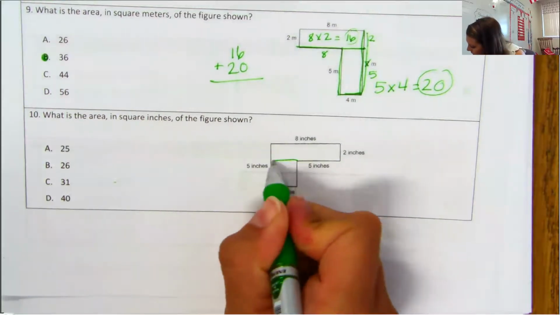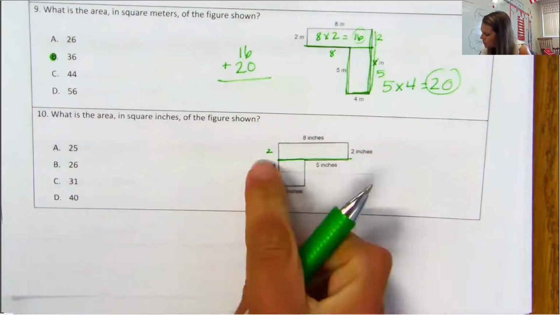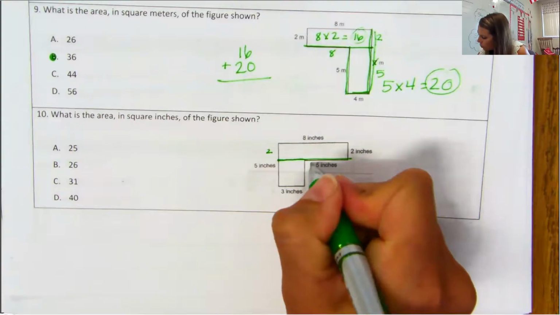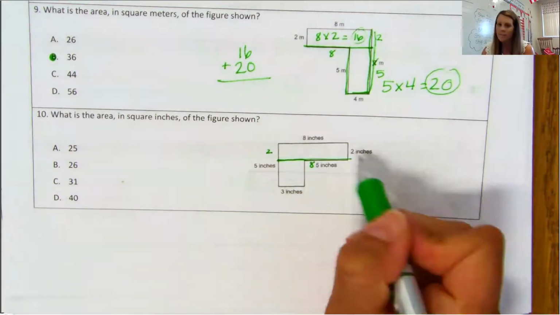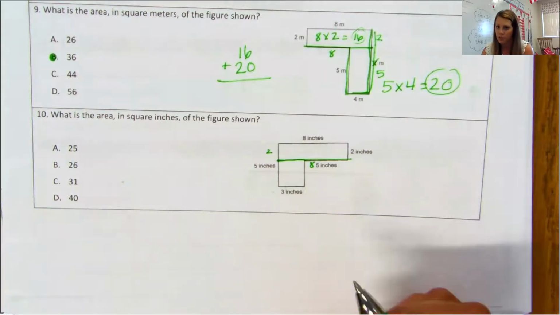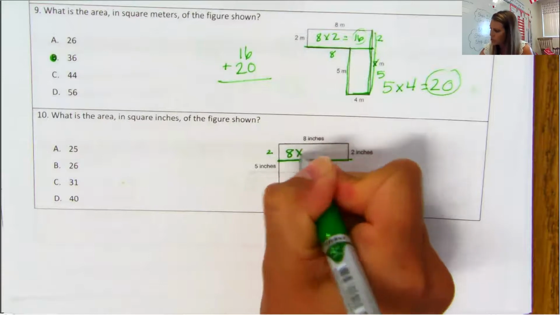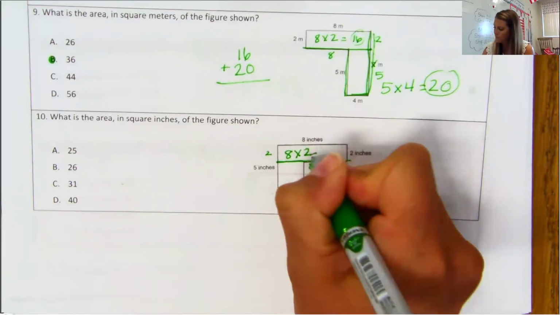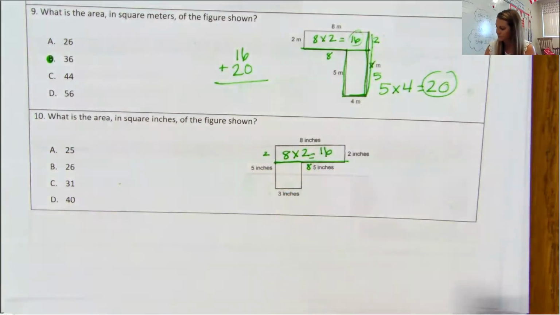So if I split it like this, that would be 2, and this whole thing would be 8, right? So how am I going to figure out the area for this rectangle? 8 times 2. And 8 times 2 equals 16.